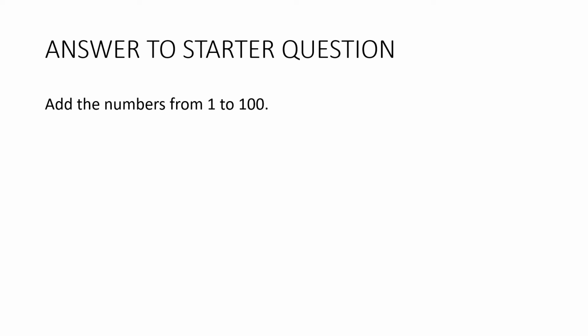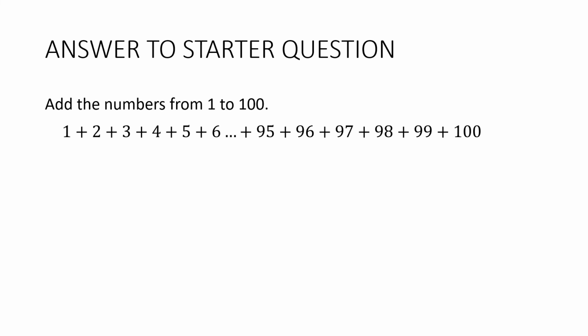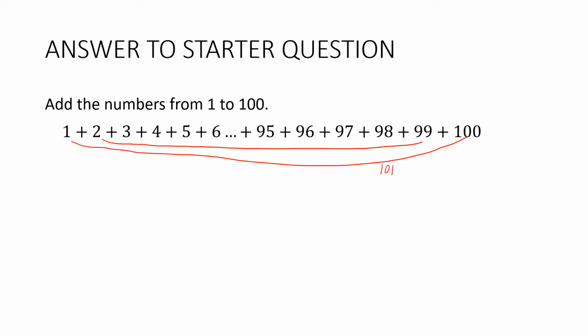Let's finish off by answering that question from the beginning of the video. How do we add the numbers from 1 to 100? Well, here they are. Let's have a look at it. There is a pattern. Now, many of you know this, but for those of you who don't, have a look at this. What do 1 and 100 add to? 101. How about 2 and 99? It also adds to 101.